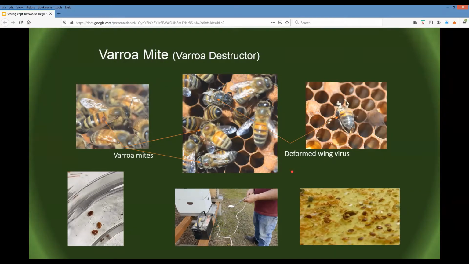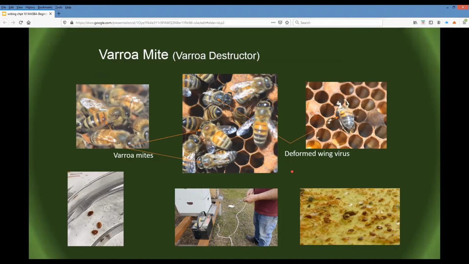But unfortunately, this mite transferred to honeybees in the US that did not have a defense to the parasite. And it actually has resulted in killing the majority of feral hives of honeybees in the US. So it is a serious thing. It is something we need to be aware of.